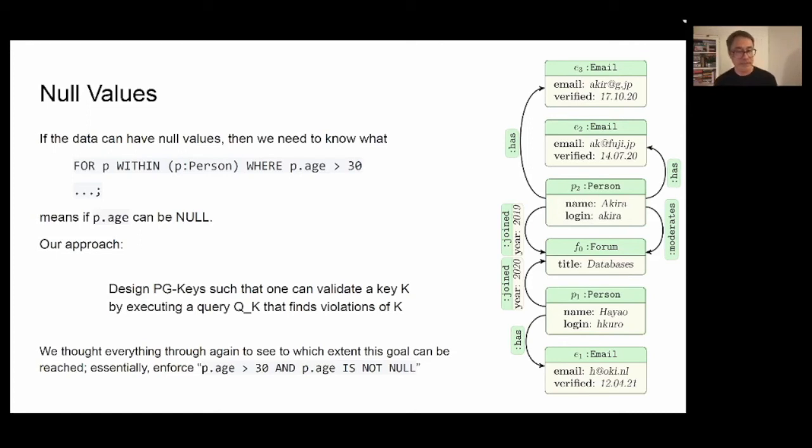In our approach, we design PG keys such that one can validate a key K by executing an appropriately written query that finds violations of the key K. As you'll find in the details in the paper, we thought everything through again to see to which extent this goal can be reached. Essentially, we need to enforce, in this case, that p.age is greater than 30 and p.age is not null. Again, more details can be found in the paper.